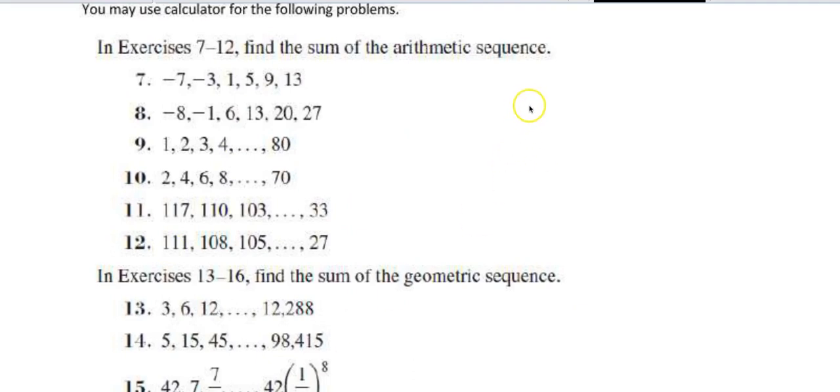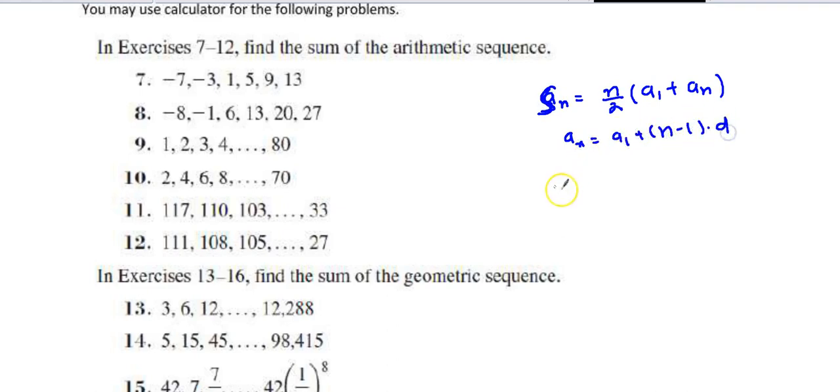What's the formula? I'm going to write it again here. The sum of n terms is n over 2 times the first one plus the last one, and the nth term is a1 plus n minus 1 times d. These formulas are given in the formula sheet.